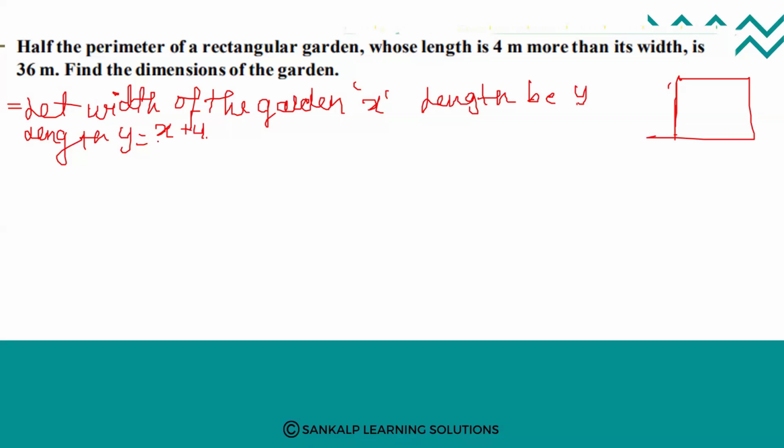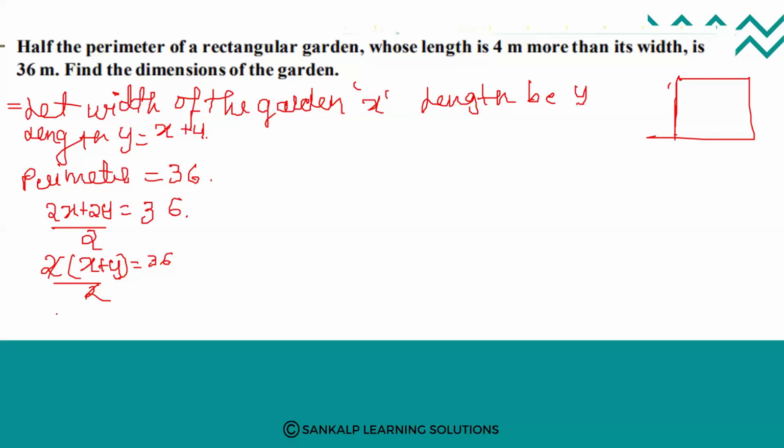Now here 2 is common. So 2 into x plus y divided by 2. 2 and 2 will get cancelled.